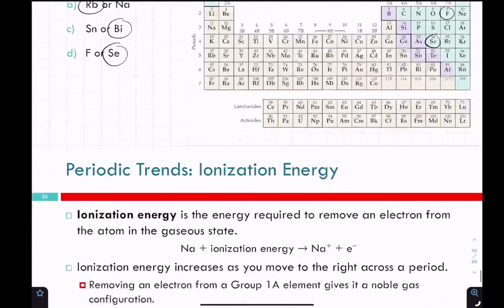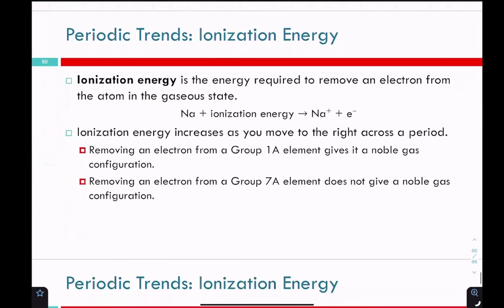I've got time for maybe one more. Ionization energy, we're not going to talk too much about, but ionization energy is the energy required to remove an electron. So how hard is it to take away an electron? The way to think about this one is how close is something to gaining enough electrons to have an octet?